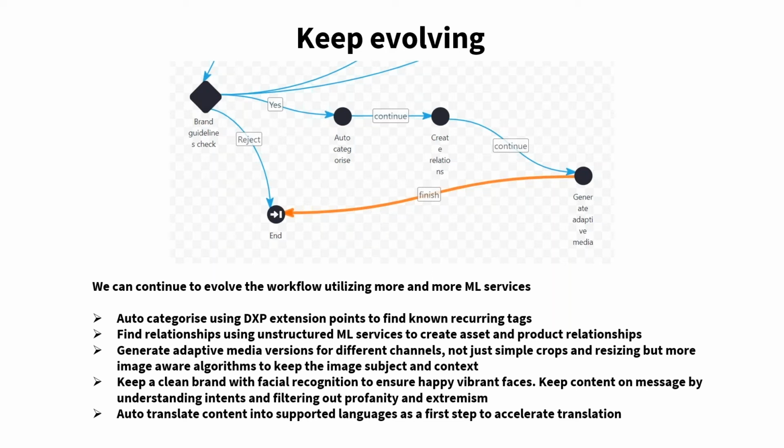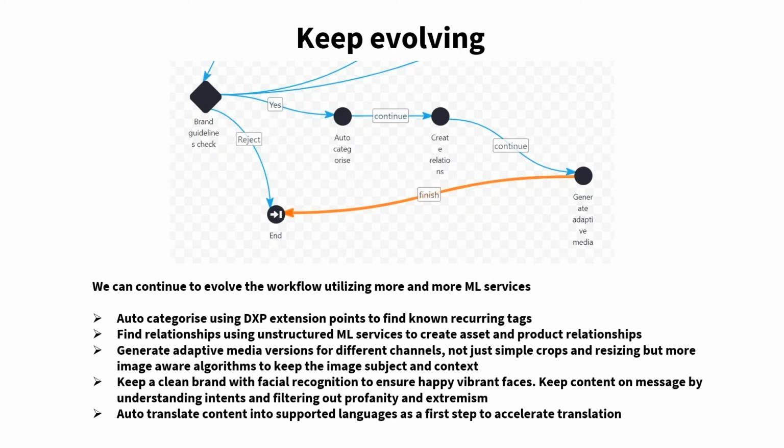We can make sure that the image has not been taken from a place where it shouldn't have been taken. So you've got all that capability at our disposal. We can also check whether the content, especially if it's written, or even inside the images itself, contains profanity or extreme content.